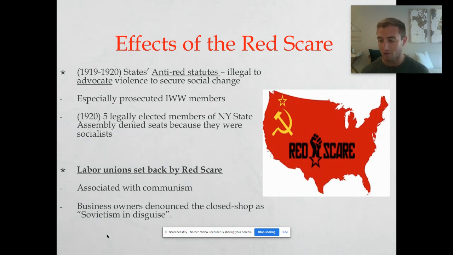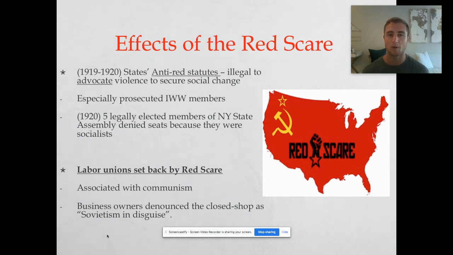Well, there's a big difference between throwing fits and throwing bombs. Just because you advocate violence doesn't mean you're committing violence. And that is a question of, is this a violation of Americans' First Amendment rights and freedom of speech? Probably yes. It probably is a violation of Americans' First Amendment rights.